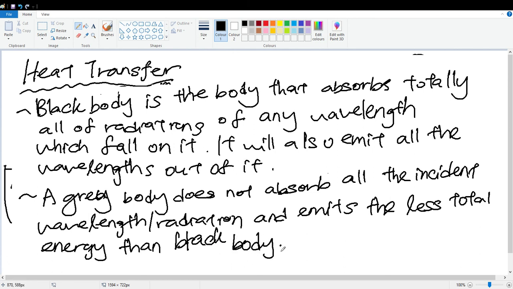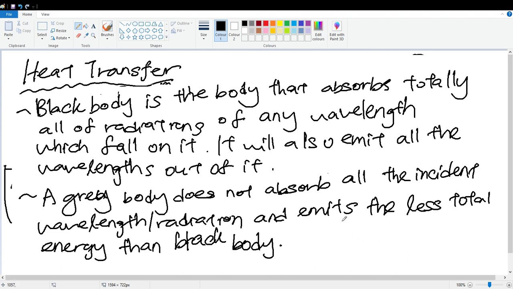So for the other colors, let's say a gray body will not absorb all the incident wavelengths, or should we say all the possible wavelengths which fall on it, and it will also not emit the total energy which it absorbed initially.